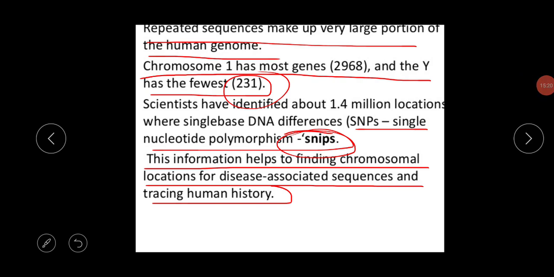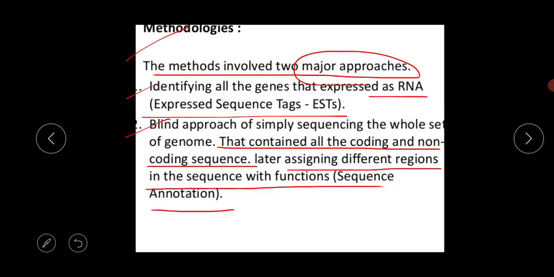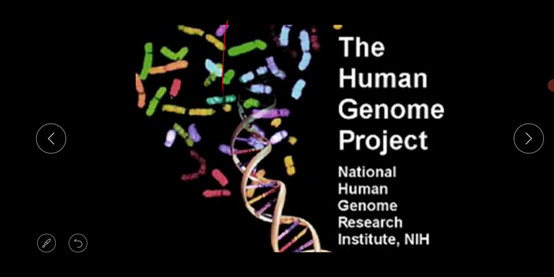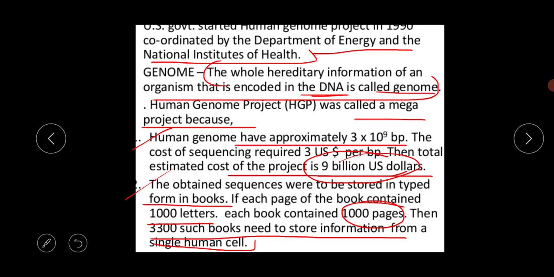So I am repeating all of this again about the human genome project. Why? Because this human genome project is quite difficult and tricky and unknown to all of you. So from this portion, first of all you should know what you have to study.